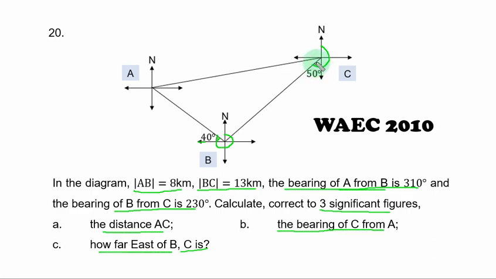That is why this angle is 50 degrees. So if here is 50 degrees, this angle is also 50 degrees. So you adjust it, you label the sides A, B, C. So this is side A, this is side B, and this is side C.